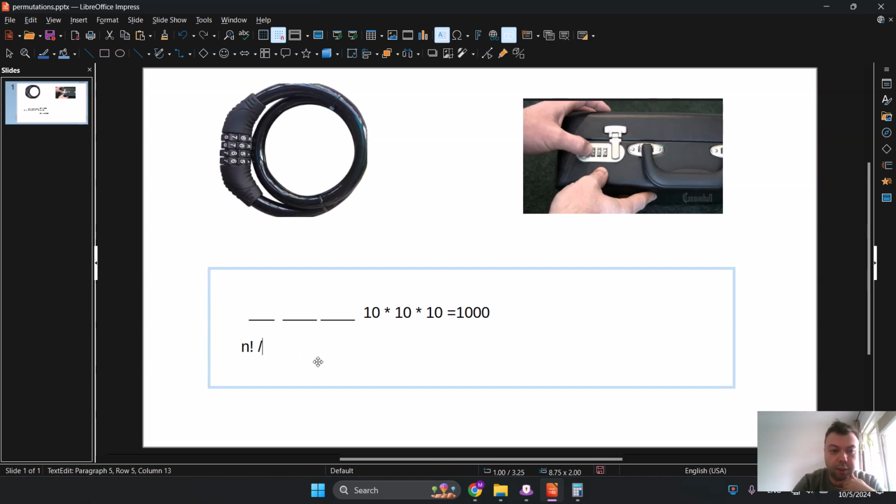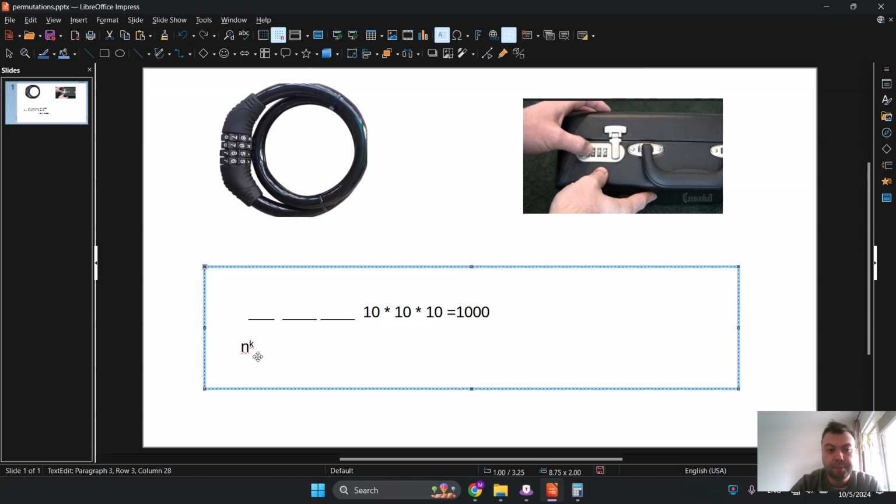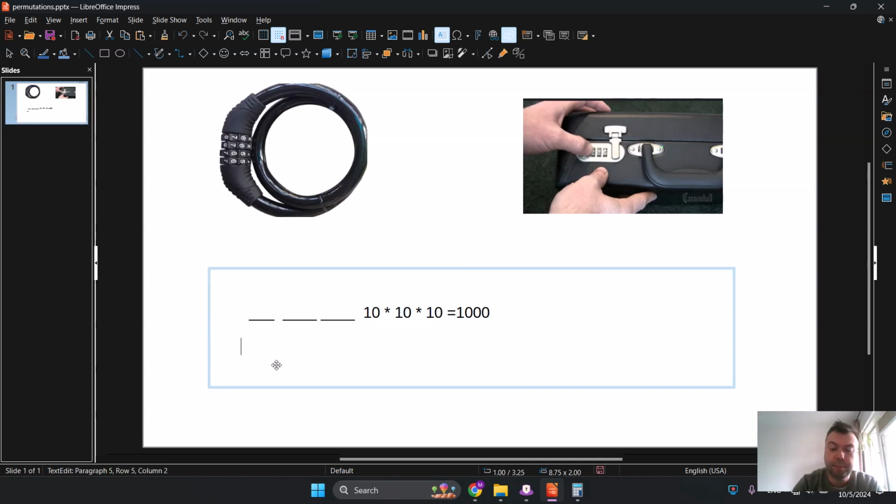That's why we're using the other formula, which is n to the power of k. Here n is the total number of digits, and k is the smaller subset. We have a bigger set, which is 10 digits, and we repeat it k times, right? So this is for variation with repetition.